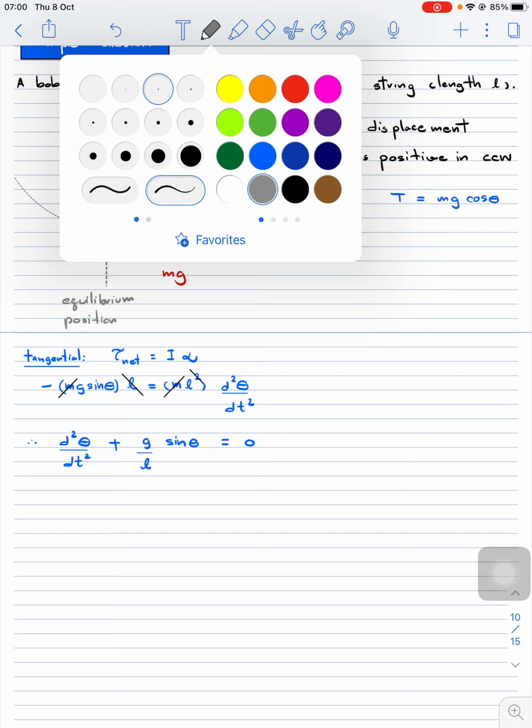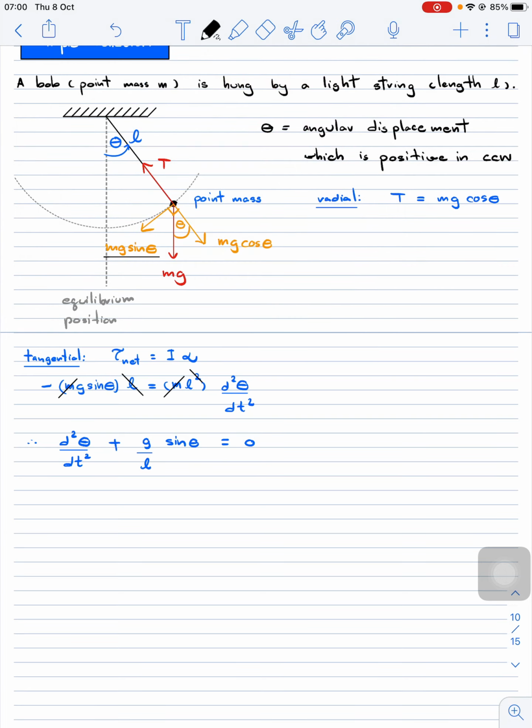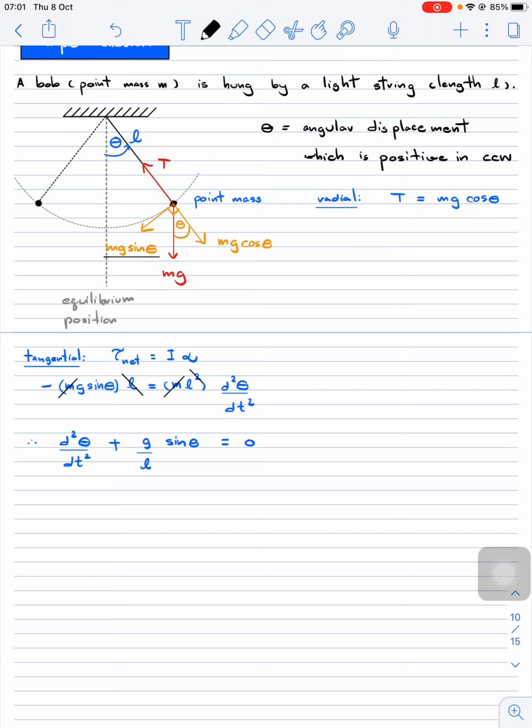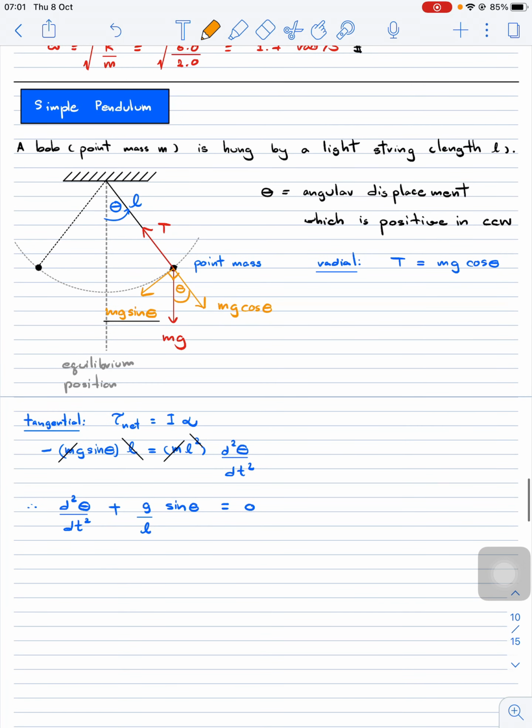And one more thing, if the bob moves to the left hand side here, then again, if we draw the free body diagram, we're going to have the tension here and the mg cosine theta here, and the mg sine theta is going to point in this direction.